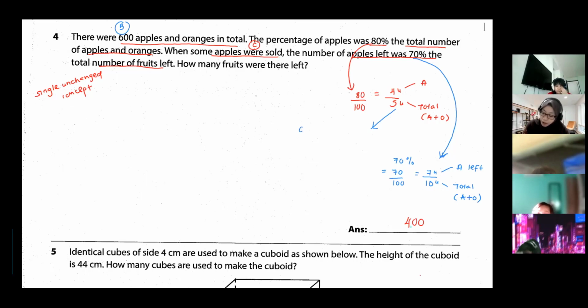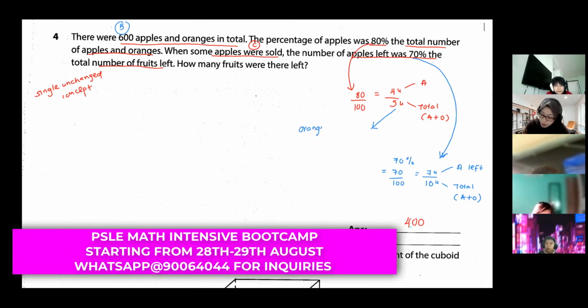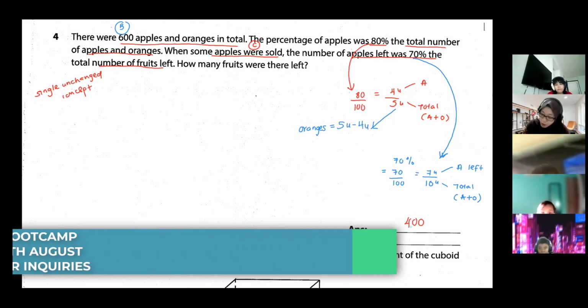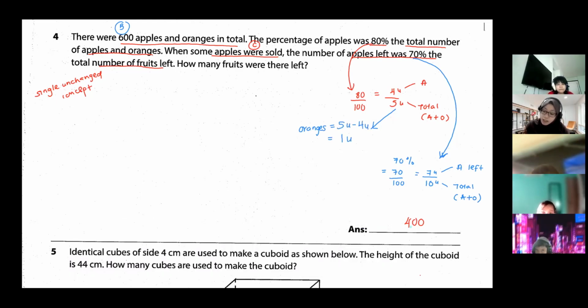To find my oranges, it is 5 units minus 4 units equals 1 unit. This is my oranges at first, or my before oranges. This is my before apples. And then just now we have the leftover, right? This is my after apples.